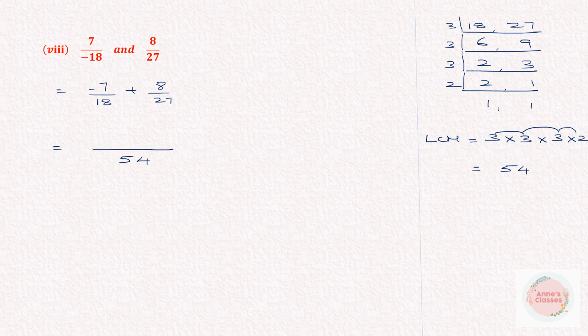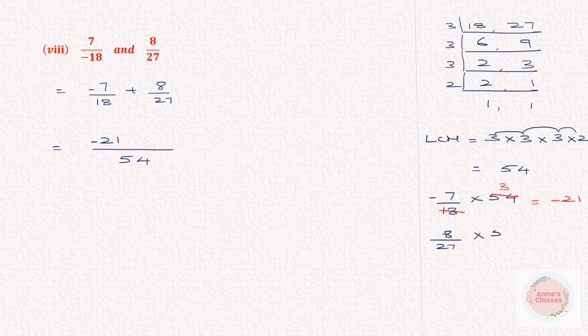Now let's take the first fraction, that is minus 7 by 18. Multiply this by the LCM, which is 54. Now 18 into what is 54? 18 3s are 54. So when you multiply minus 7 into 3, we get minus 21. So let's write that here, minus 21. Take the second fraction, which is 8 by 27.